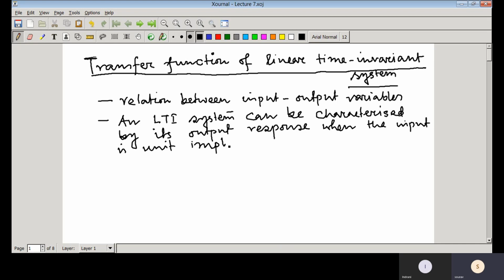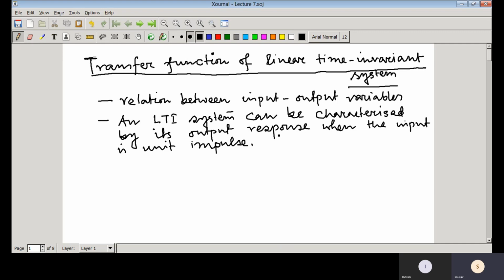So if you apply a unit impulse input to that system, you will get that response, and an LTI system can be characterized by its output response when the input is unit impulse.